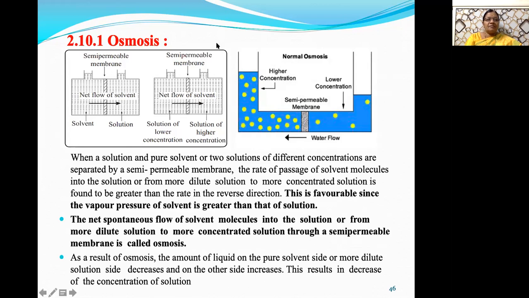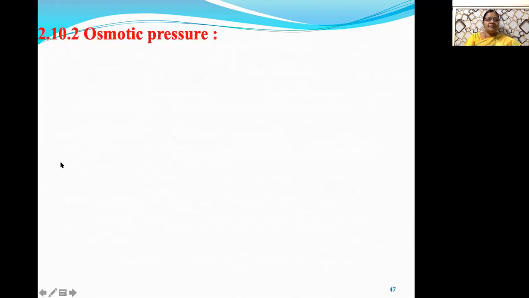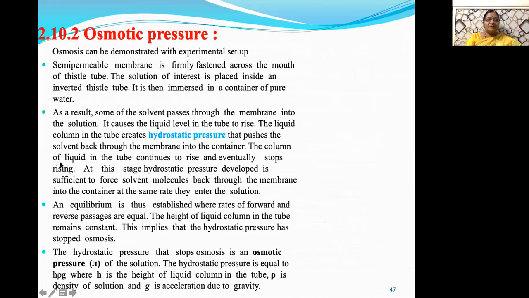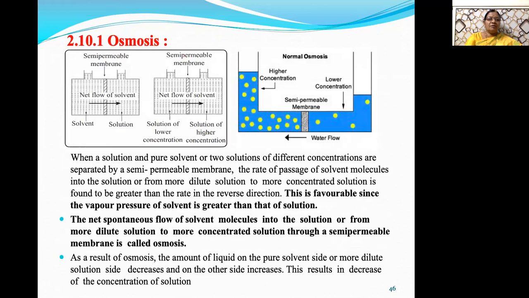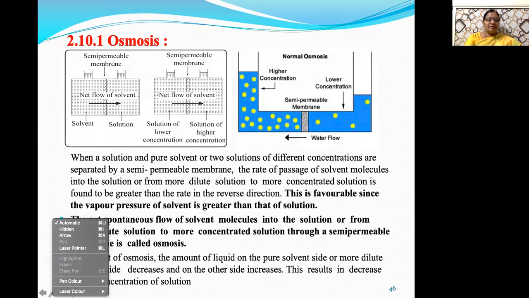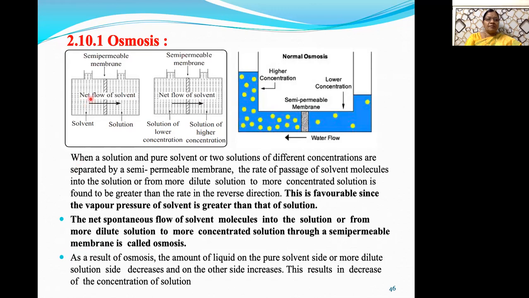Now see here the definition of osmosis. That is the flow of solvent molecules from solvent into the solution. Here you can observe solvent and solution separated by a semi-permeable membrane, and there is a flow of solvent molecules from the solvent side to the solution side.